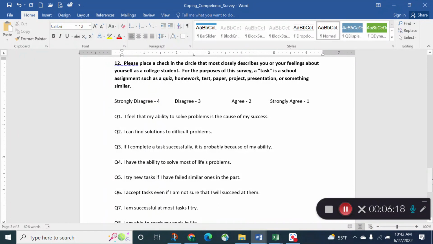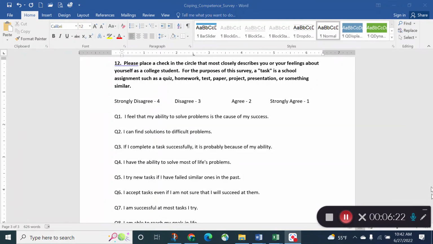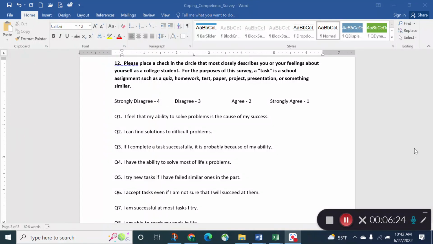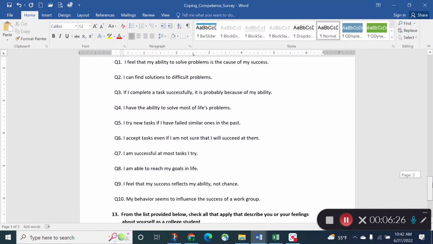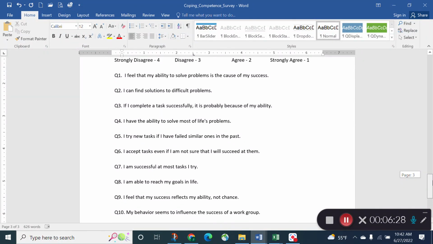So a quiz, a test, a paper, a project, etc. So again, there are 10 of these questions, and for each of these, strongly disagree is worth 4, all the way to strongly agree worth 1. So I'll read the first question again. I feel my ability to solve problems is the cause of my success. So if they strongly agree with that, then that would be worth 1 point.